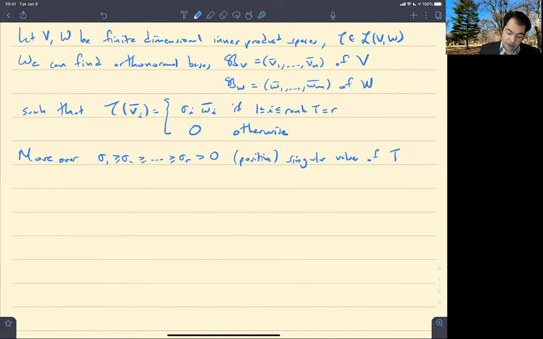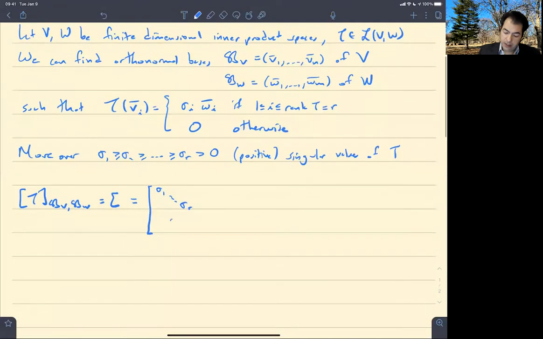Right, now if you were to look at the matrix associated to T with respect to these bases, let's call this capital Sigma. This would be the matrix that has on its diagonal sigma 1 through sigma R and has zeros elsewhere. Right?